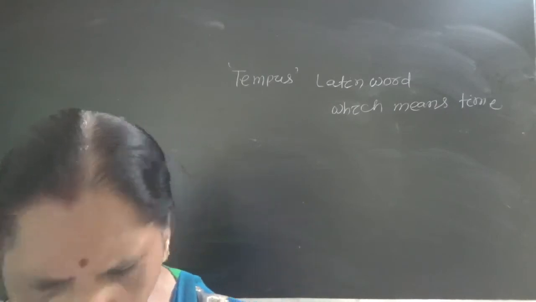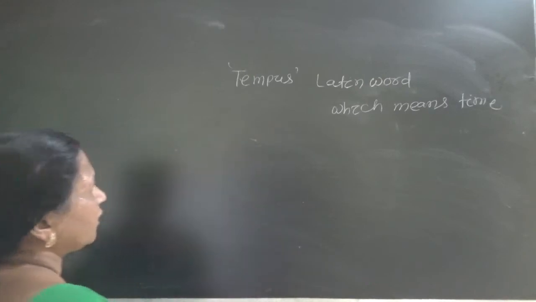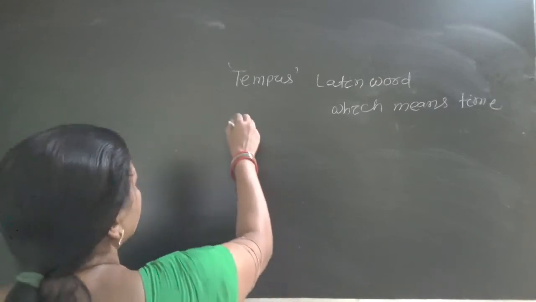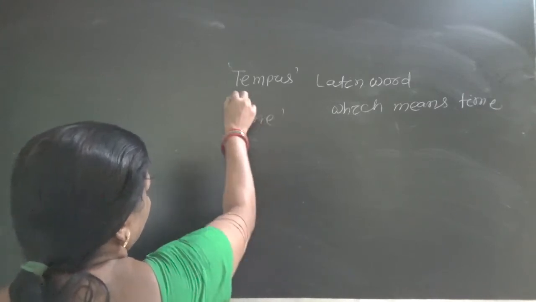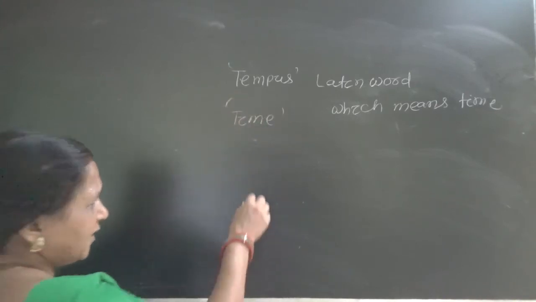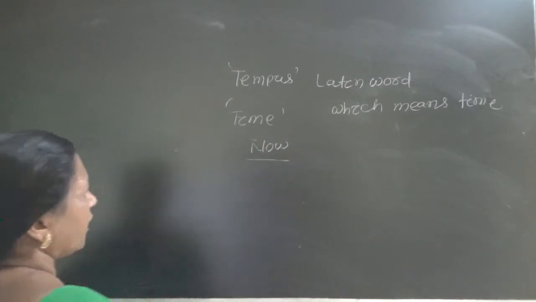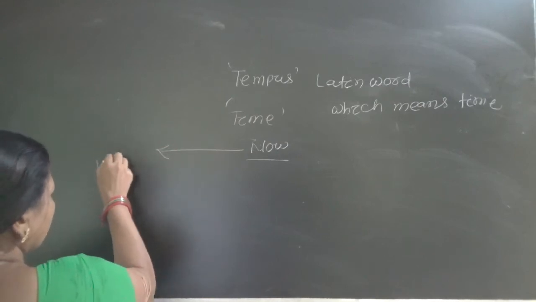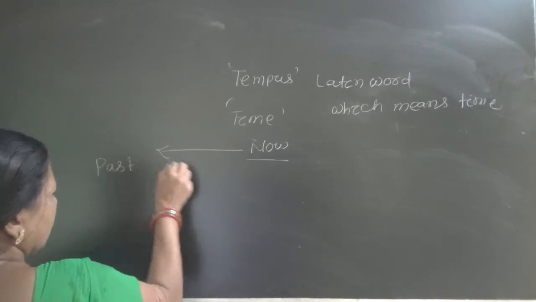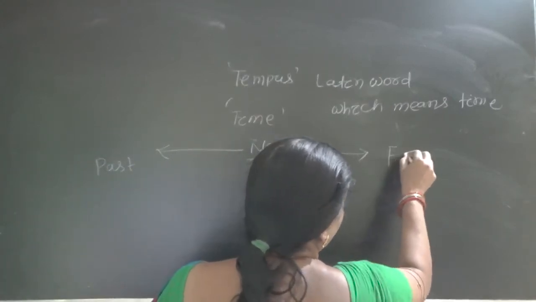Let's see the time division. How can we divide time? The present time is now, before it is called past, and after it is called future.